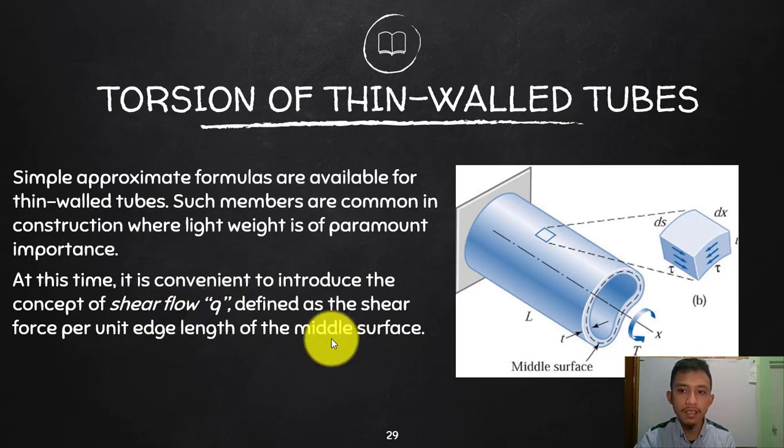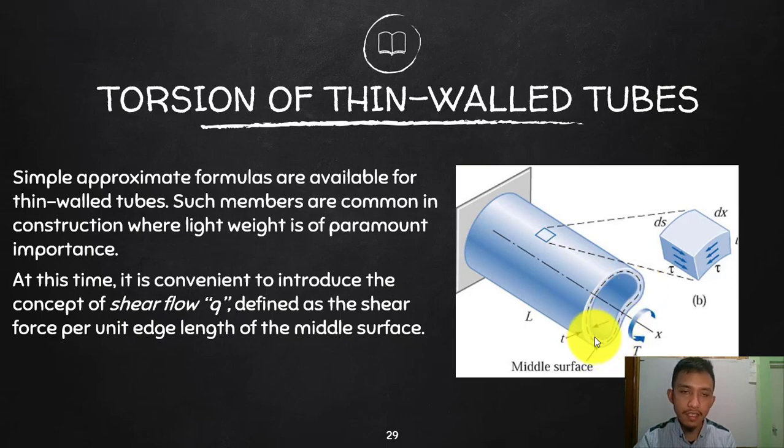So again, as I've said, in this design, in these thin wall tubes, we can now assume, that's why we call this approximate, since the wall is very, very thin, that all the stresses on this wall cross section are uniform.